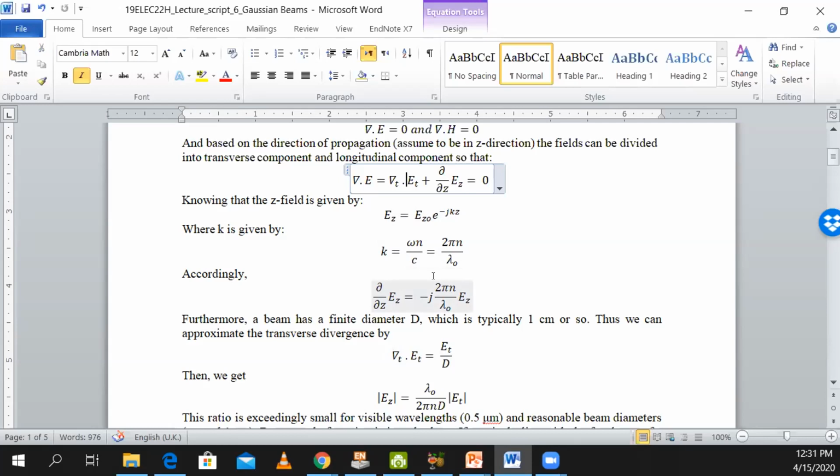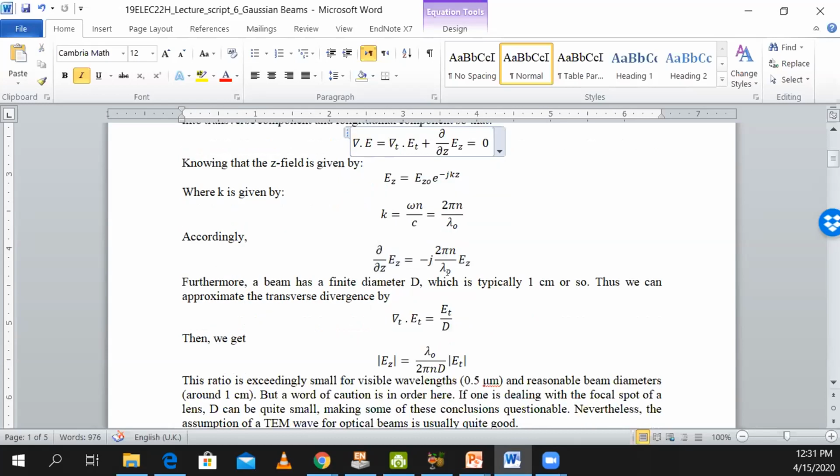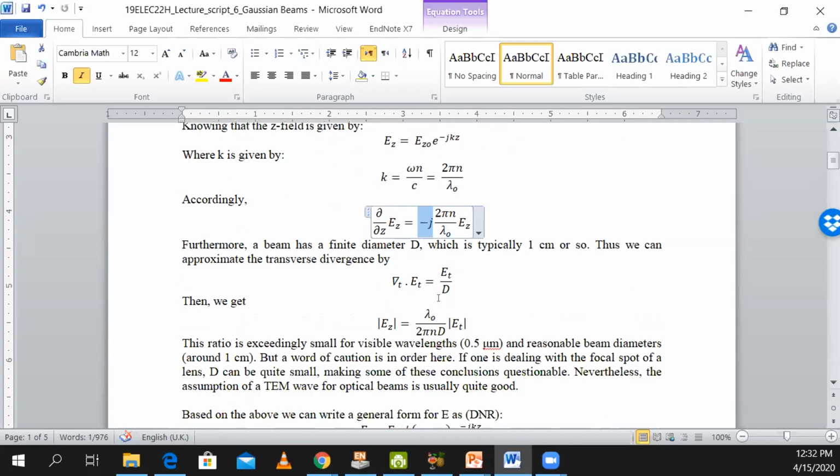As far as we are not interested in phases, I will take the absolute of this equation, left and right, so that I get rid of this negative sign, and then you reach this equation, which is Ez equals lambda naught over 2 pi n d times Et.